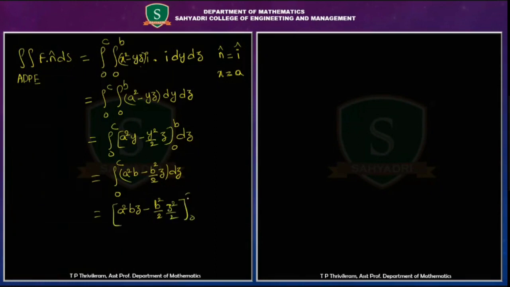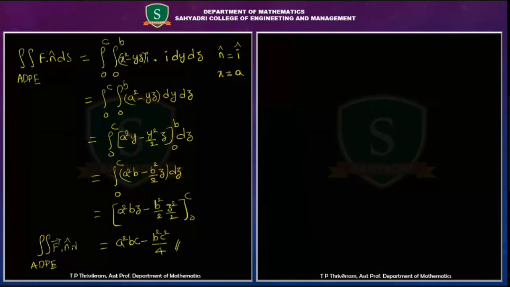Limits are from 0 to c. So a square bc minus b square c square by 4 we will get. Okay. So the surface integral over the ADPE surface is f dot n cap ds.